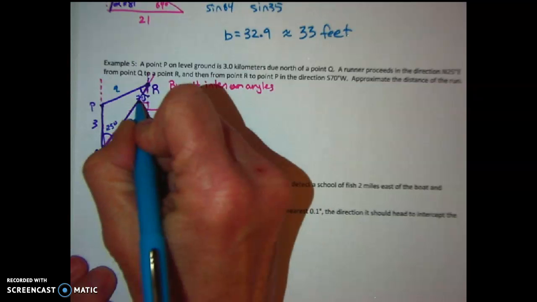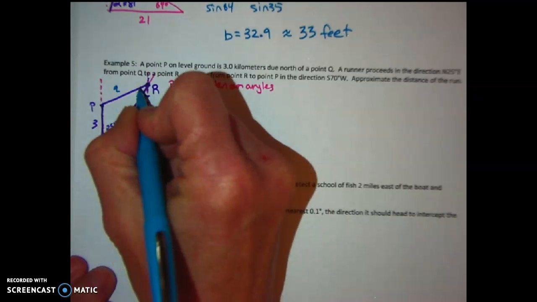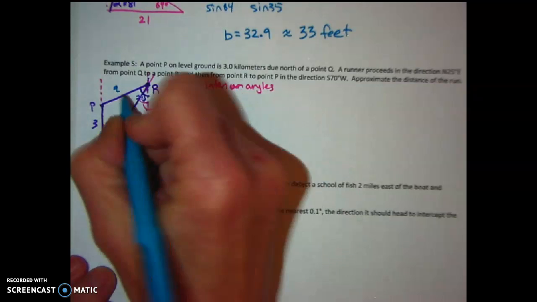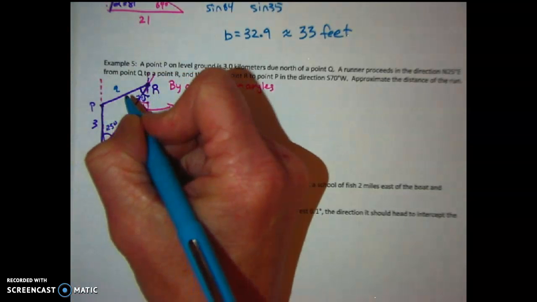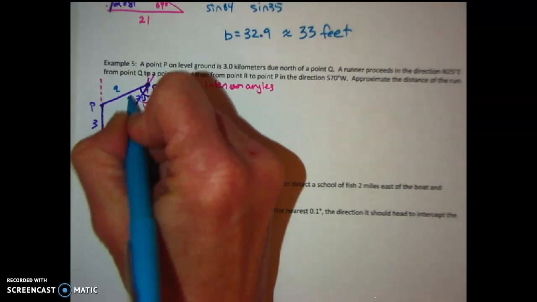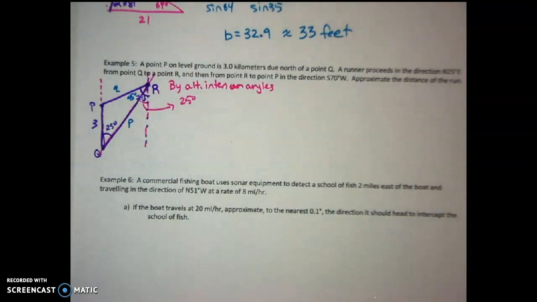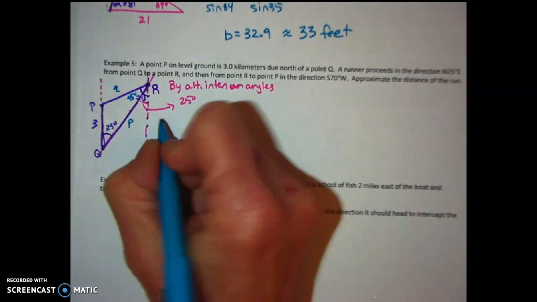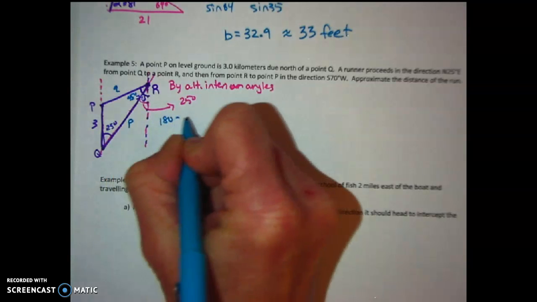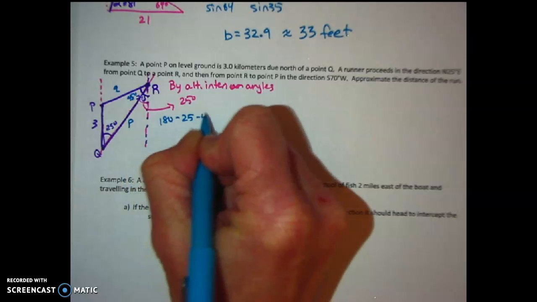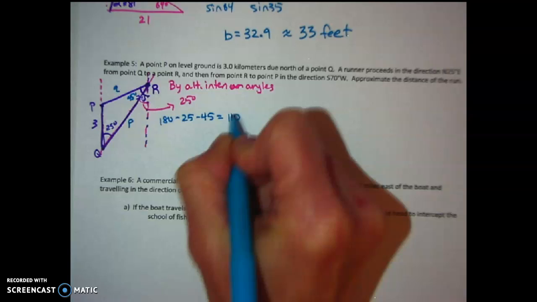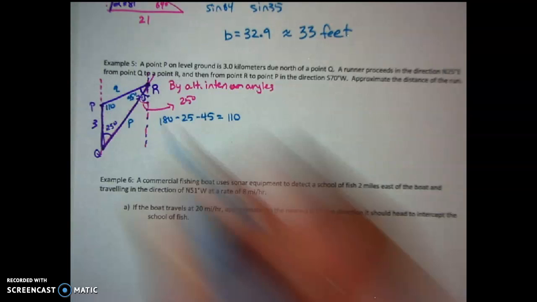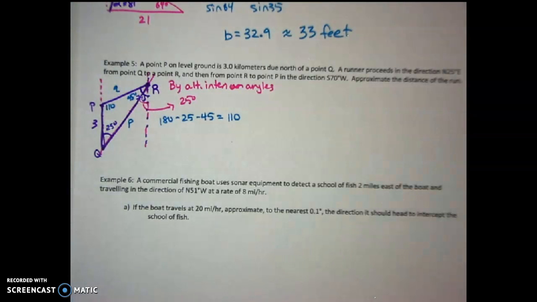So therefore, if this is a 25-degree angle and the whole thing is a 70-degree angle, then this interior angle here is going to be 45 degrees. And so now, using the idea that the sum of all the angles in a triangle is 180 degrees, 180 minus 25 minus 45 gives me a 110 degree angle. So this angle over here is 110 degrees.